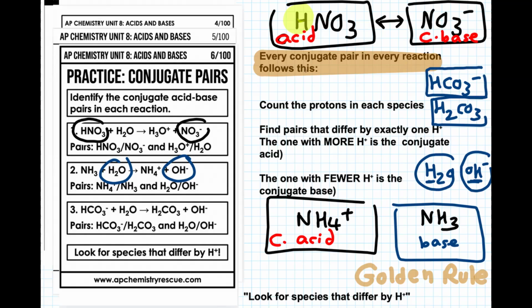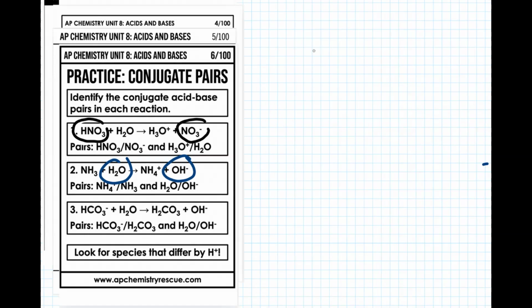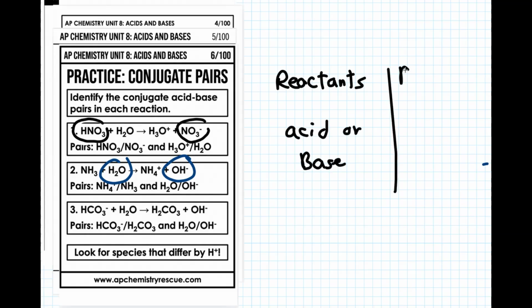If it is on the left side of the reaction, it's called an acid or base. If it's on the right side of the reaction, it's called the conjugate. So let me tell you this. If it is from the reactant, it's either an acid or base. If it is on the product side, it is a conjugate. If you have an acid and its pair, what will come with the acid?